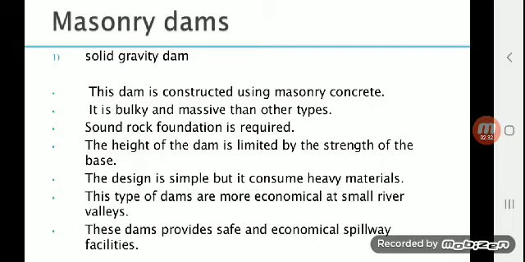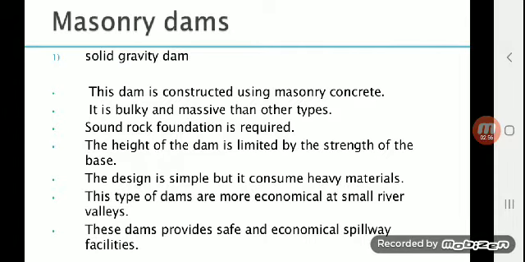A lot of gravitational forces will be there. If we are constructing a dam of 150 meters, 200 meters, then large gravitational forces will be there. So we need a strong foundation, and the height of the dam is limited by the strength of the base. Because if the base is stronger, the height can be much higher as we design it.